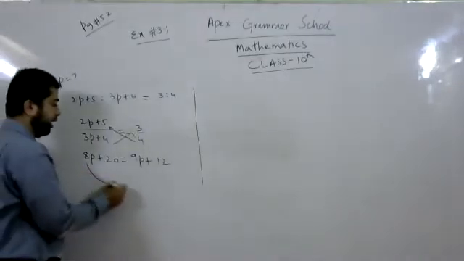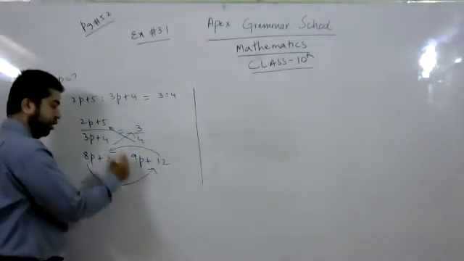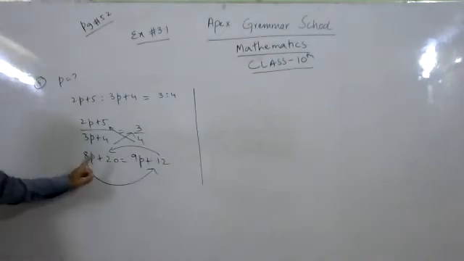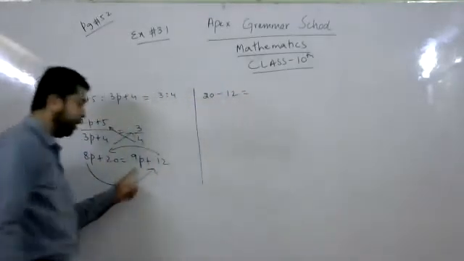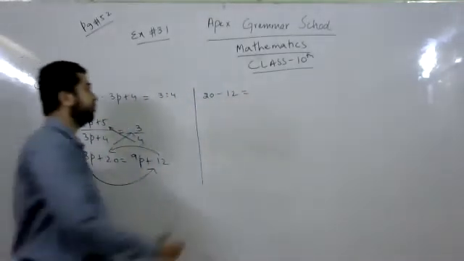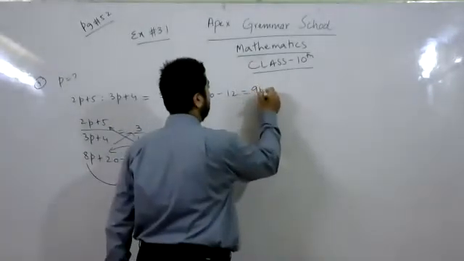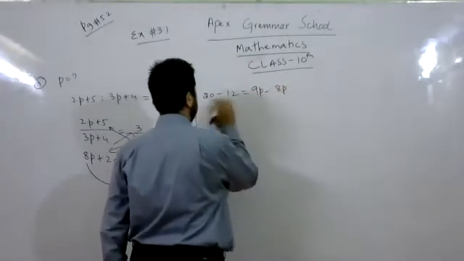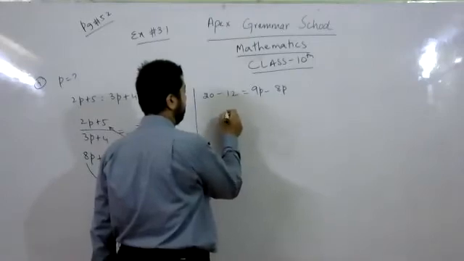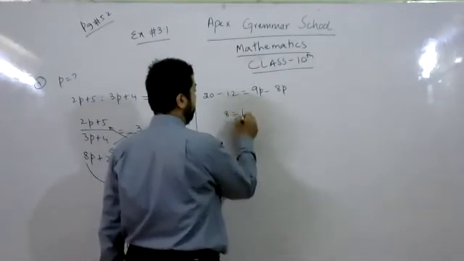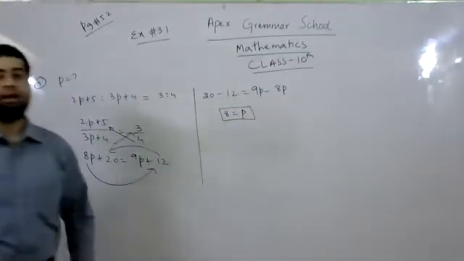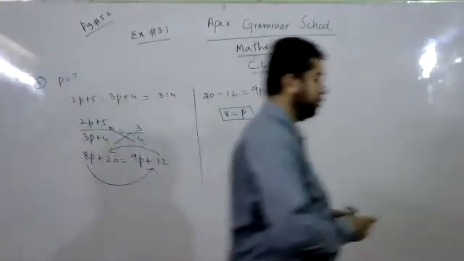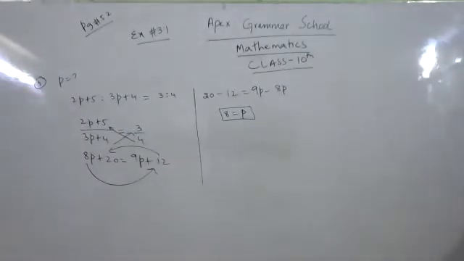So 8p will be negative there and 12 will be negative there. We can say that 20 minus 12 will be on the left hand side and 9p minus 8p on the right hand side. So 20 minus 12 means 8 is equal to 9p minus 8p, which is 1p. So the value of p here is 8. This was your question number 4.